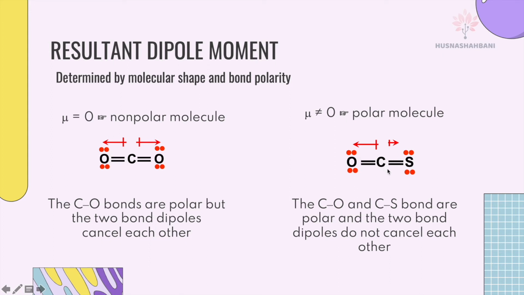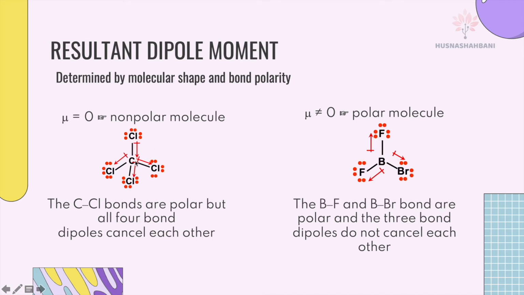If carbon is closer to S compared to carbon and O, the length of the arrow is shorter. So this molecule's resultant dipole moment is not equal to 0 and this molecule is a polar molecule.